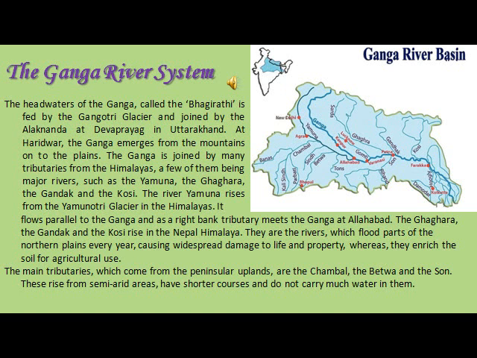The main tributaries which come from the peninsular upland are the Chambal, the Betwa, and the Son. These rise from semi-arid areas, have shorter course, and do not carry much water in them.